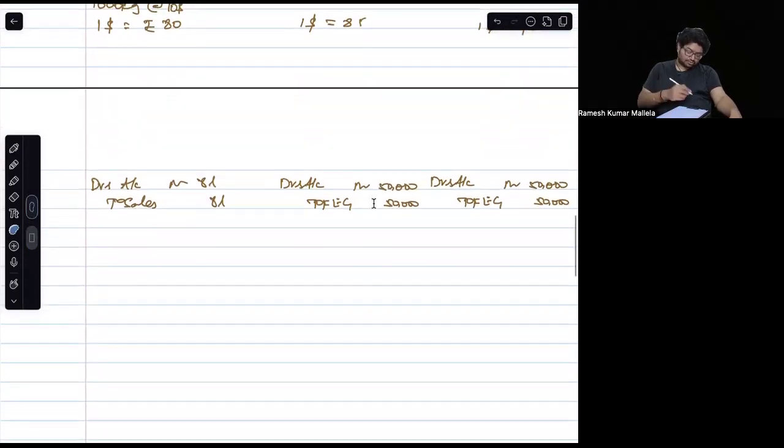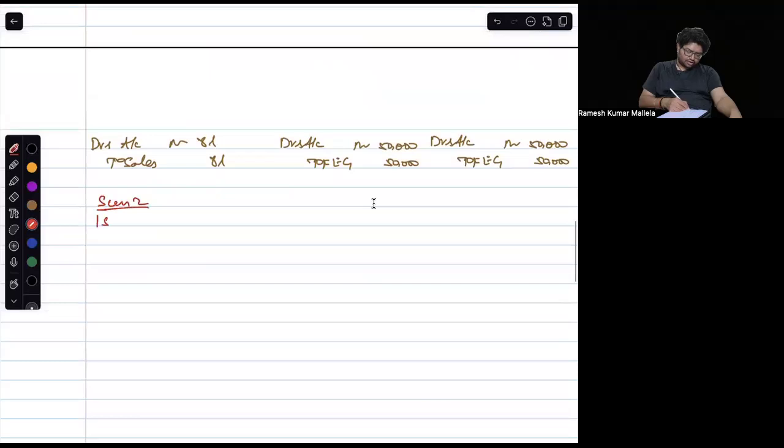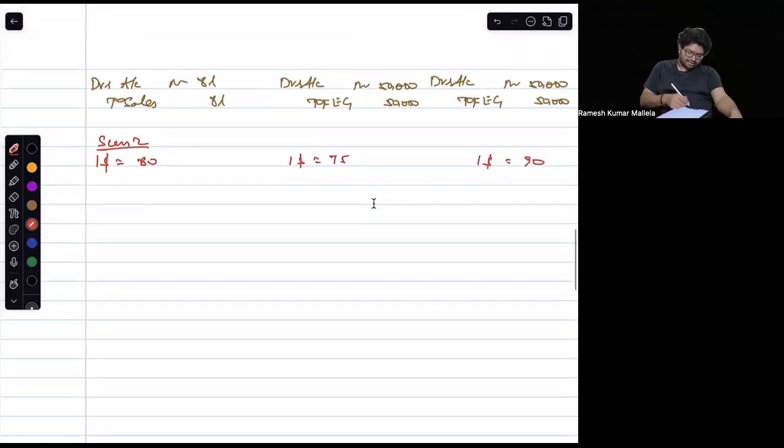So the second possibility, scenario 2: $1 is 80, then 75, then 90. Entries I will not tell you, please do it for yourself.